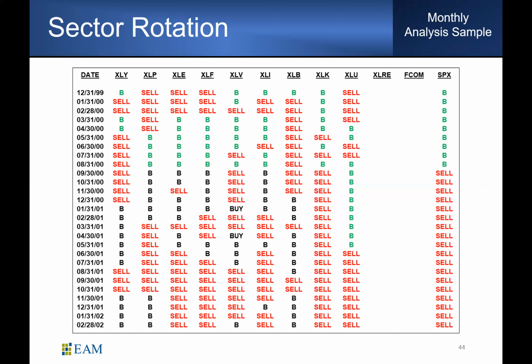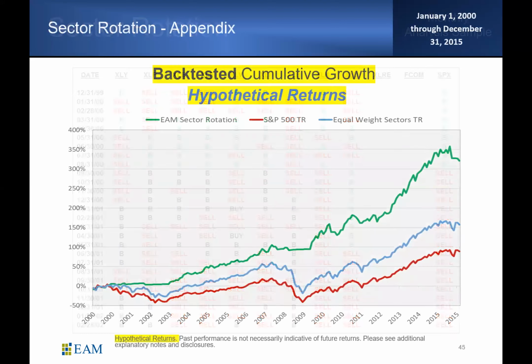We would be 50% cash, 50% in XLU for any month where that was the case. And it's until you get down to 6/30/01, when utilities also become negative, that we go to 100% cash for the following month. So we run the algorithm every month. It informs us as to how we're going to be invested.